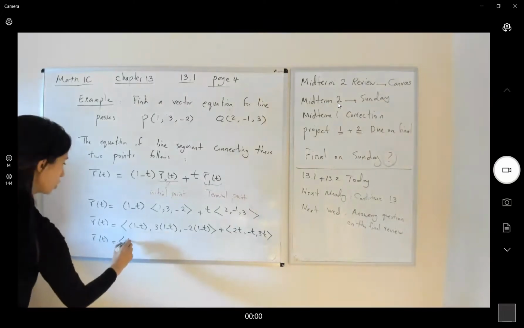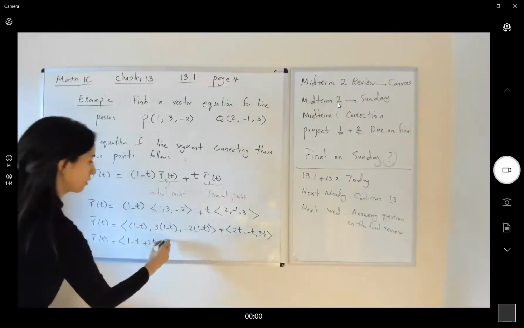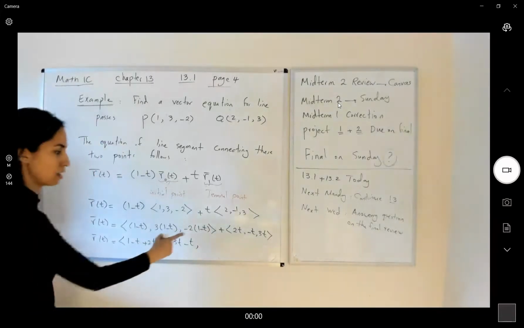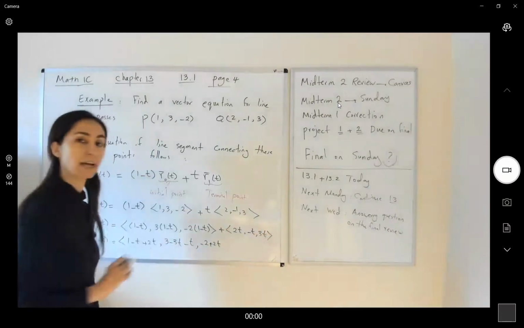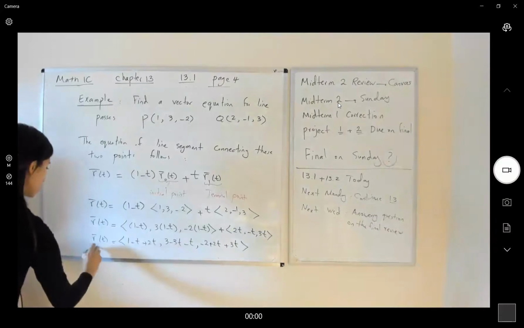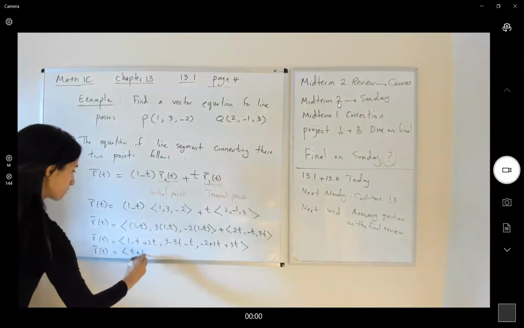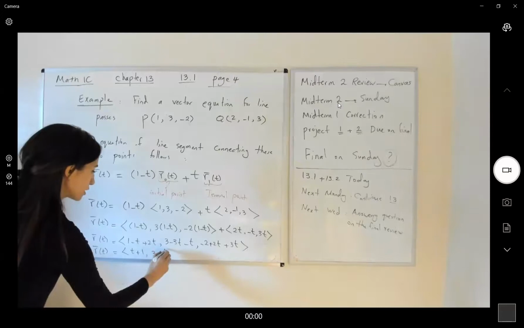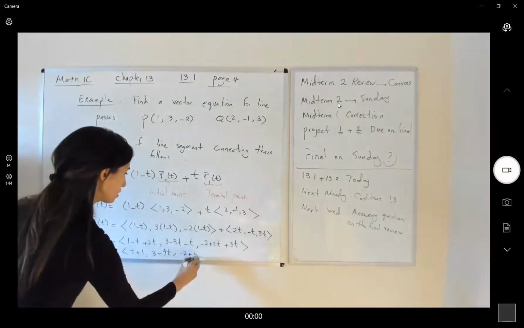Here you have 1 - t + 2t, the second component 3 - 3t - t, and I'm distributing negative 2 here: -2 + 2t, and I'm adding that to the last component, which is 3t. Okay, my vector function is equal to <t + 1, 3 - 4t, -2 + 5t>.